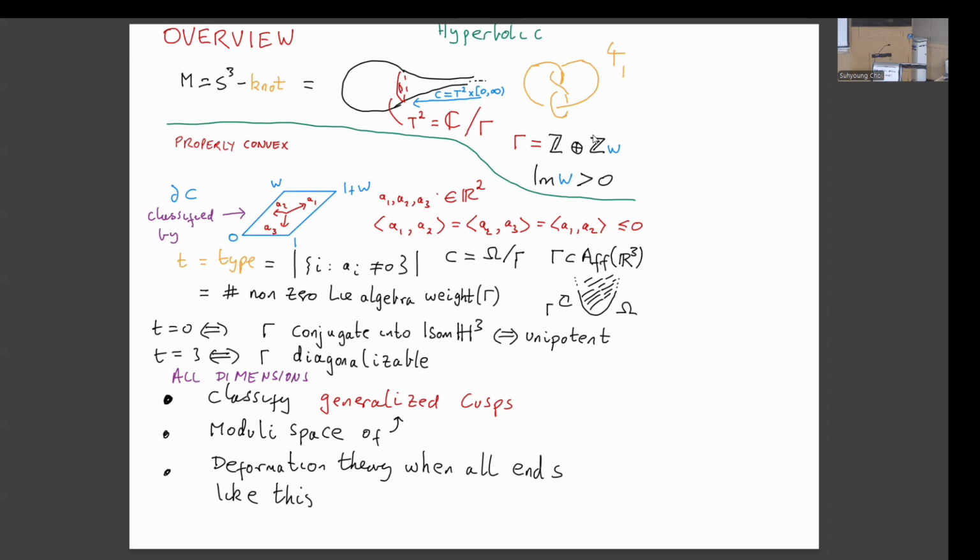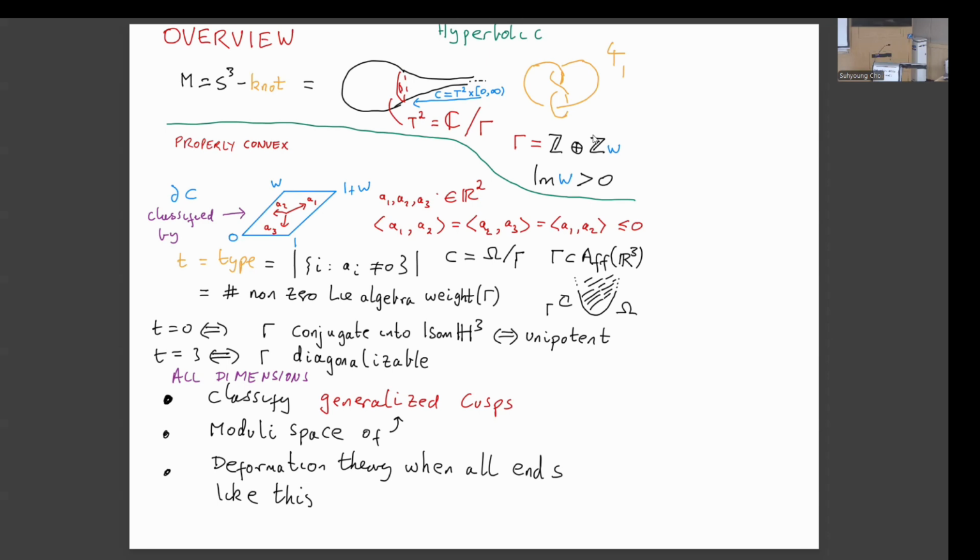So type 0, when all these vectors are 0, this cusp in a projective 3-manifold is actually equivalent to a cusp in a hyperbolic manifold. At the other extreme, when all 3 numbers are non-zero, then the holonomy of this cusp is diagonalizable. And in between, types 1 and 2 kind of interpolate.